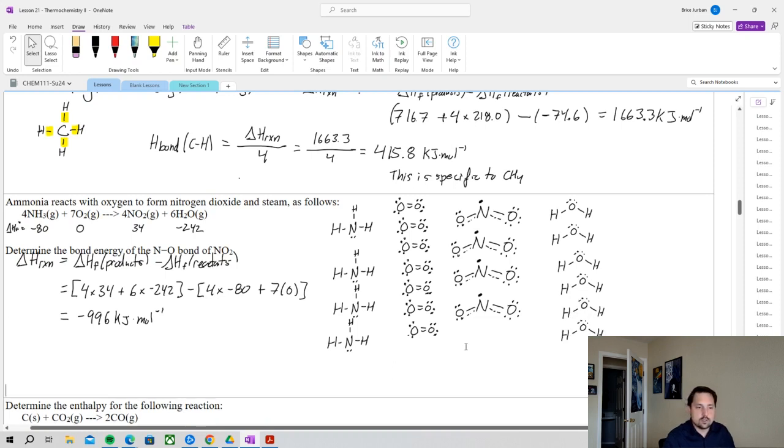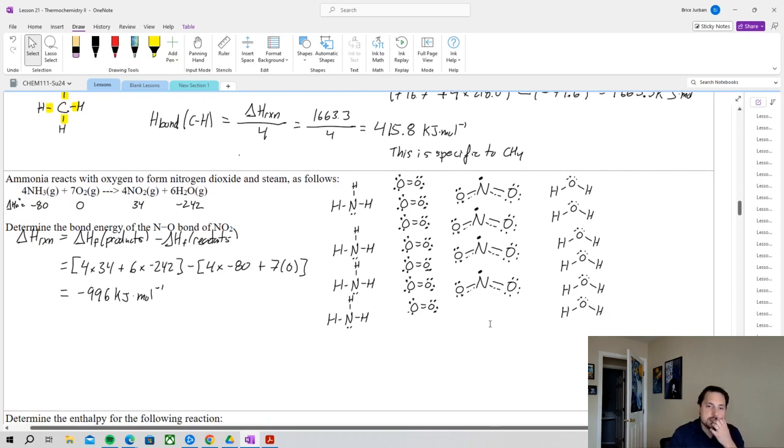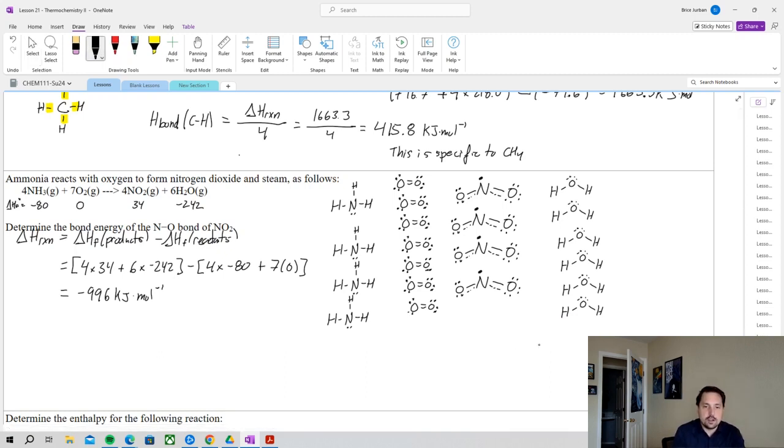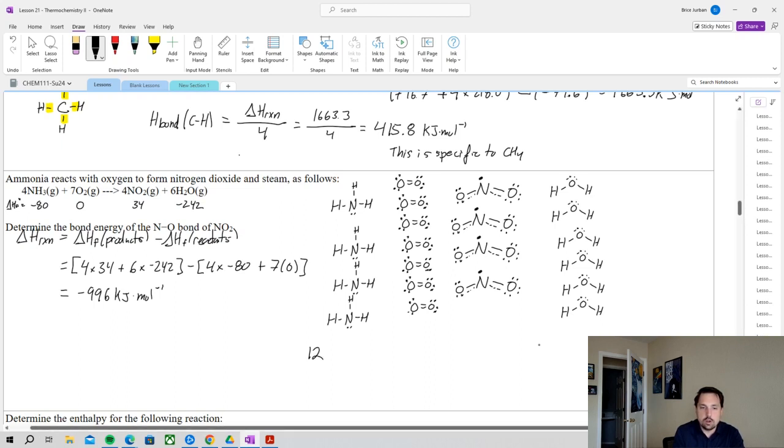Okay, so let's sum up how many bonds are going to be broken and formed here. From the ammonia, we have a total of 4 times 3 or 12 NH bonds. And those are the bonds that need to be broken. And then we have 7 oxygen-oxygen double bonds that need to be broken.